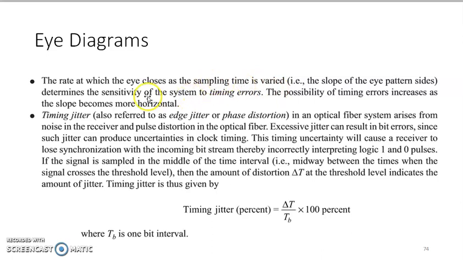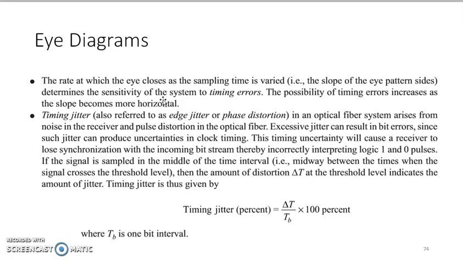But that horizontal distance decreases if there is an error, and that error we call timing jitter, or phase distortion, and that arises from the noise in the receiver and pulse distortion in the optical fiber.